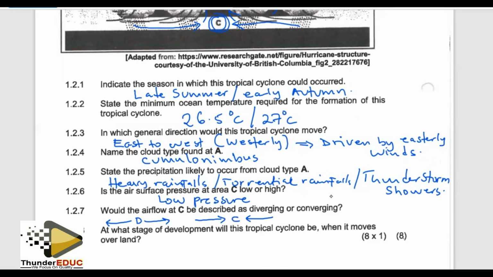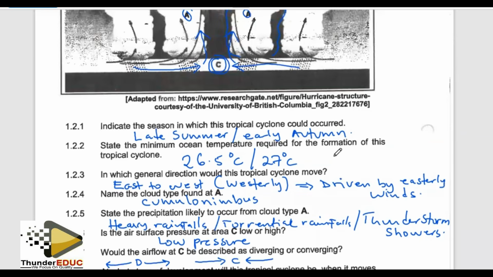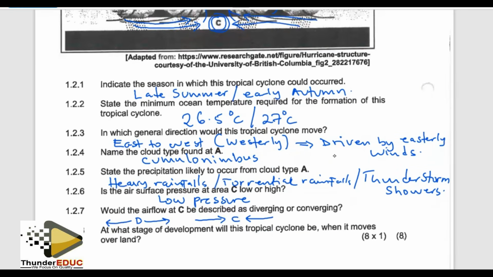So this is to converge. Now, if we check point C, you can see that this is our air with black arrows indicating air moving towards this same point C, which means our answer would be converging for question 1.2.7. All right.